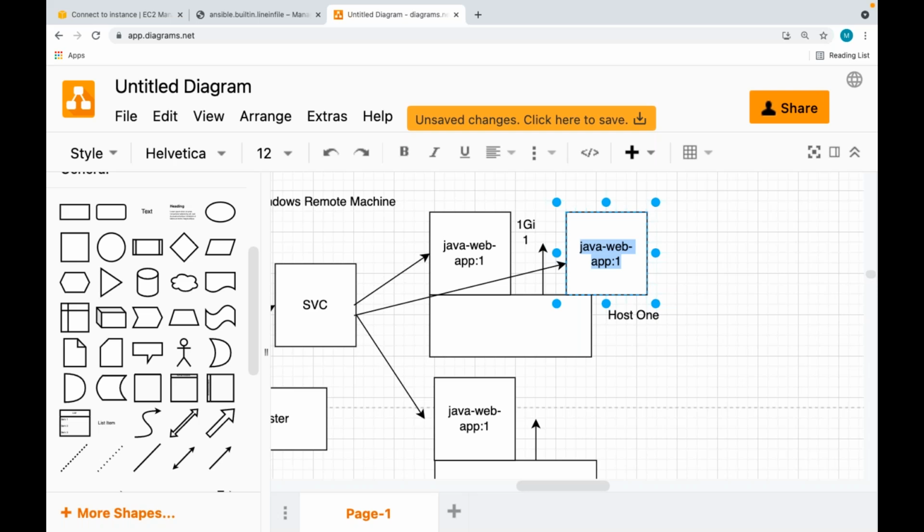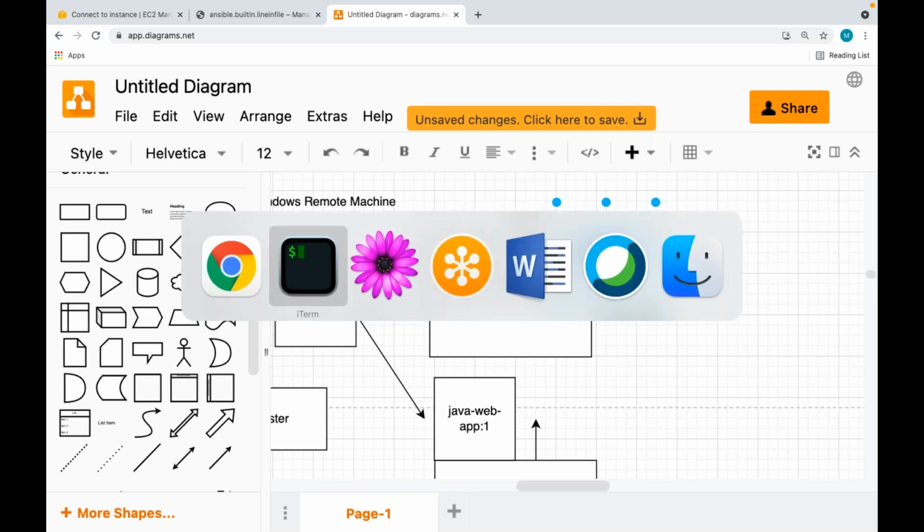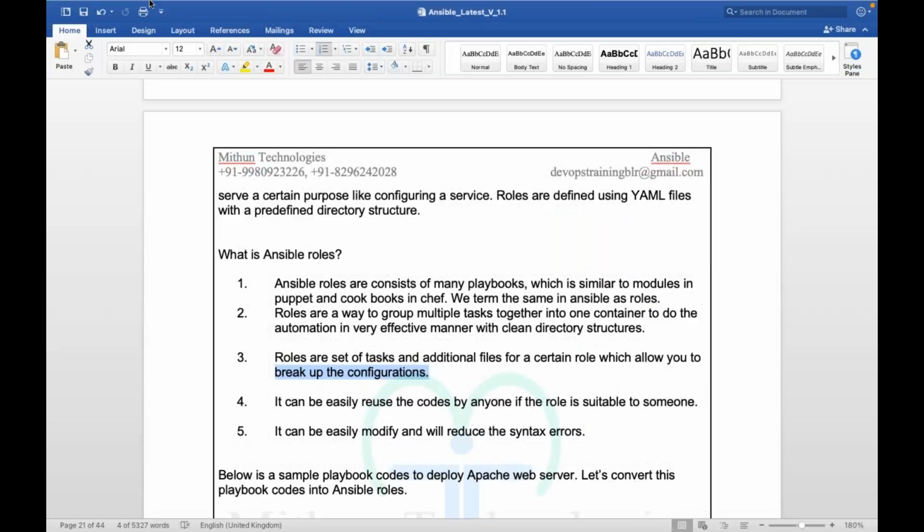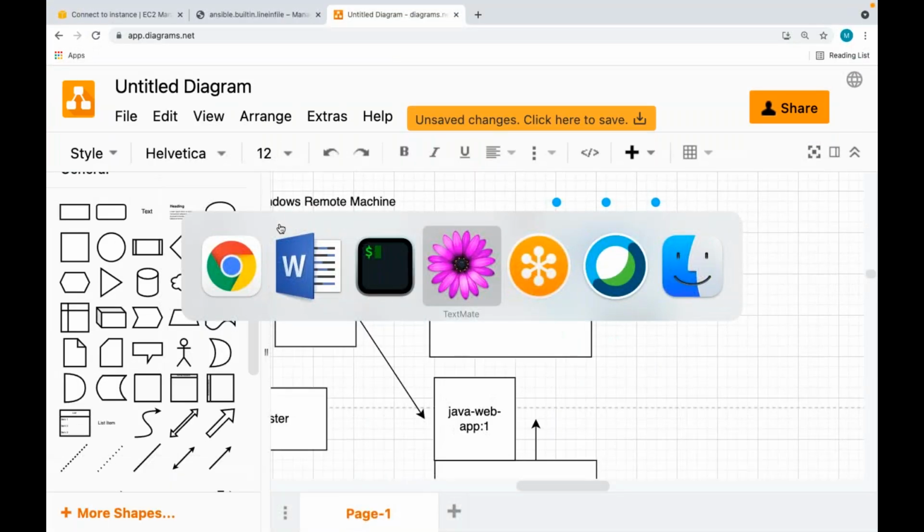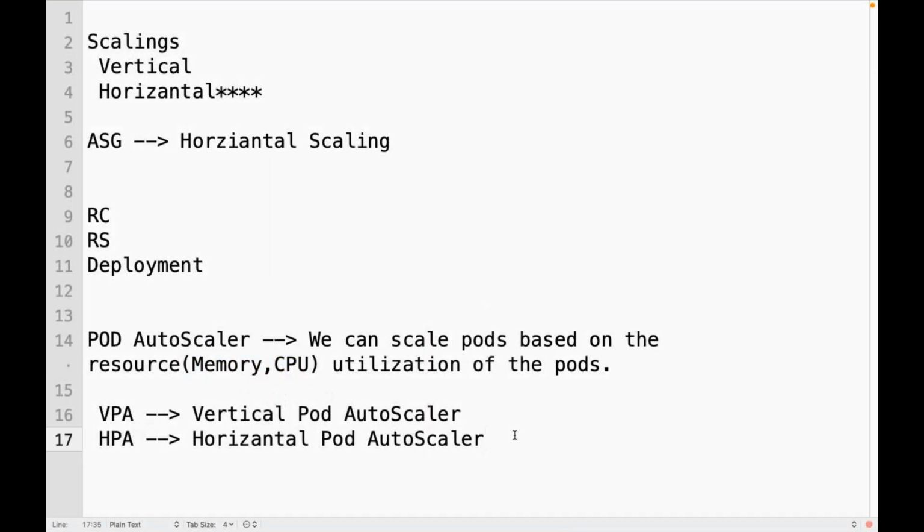I am not sure when the load will come and when the load will not be there. I want to scale my pods automatically. So what concept can we use? There is a concept called HPA, horizontal pod autoscaler. We are not going to use vertical; no one will use that.